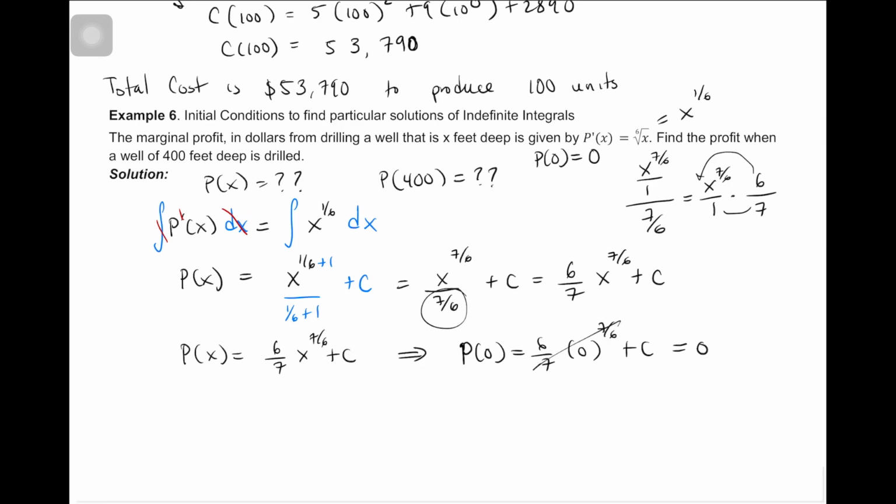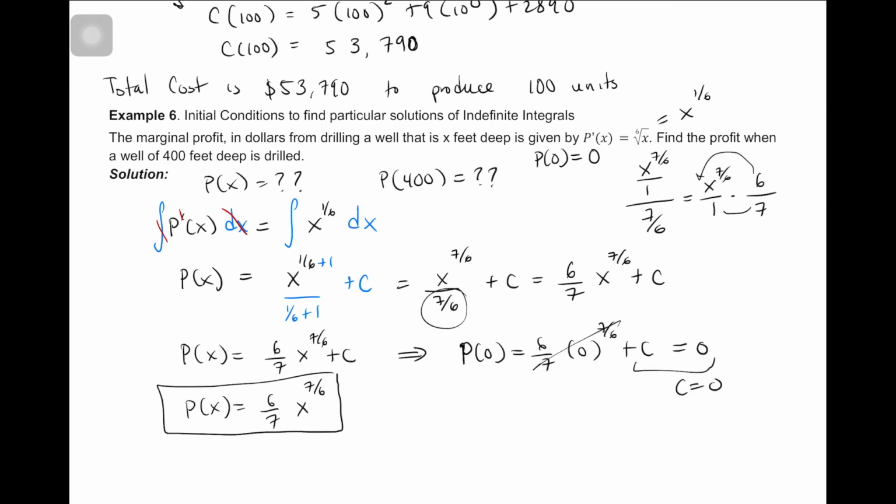Well, that's 0, so that implies that c has to equal 0. So in conclusion, p of x is 6/7 times x to the 7/6. And now this is ready for us to go ahead and plug in the 400. So let's plug in the 400.